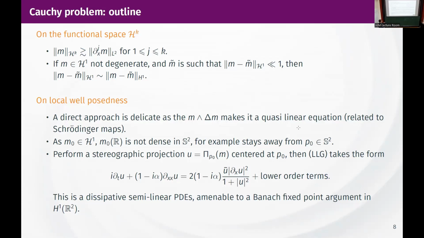So the image of M0 is not dense. Your stereographic projection, and maybe it answers the question about how this is dissipative. It's dissipative in the alpha here. So the i corresponds to the Schrödinger equation, and the alpha gives you the heat equation.